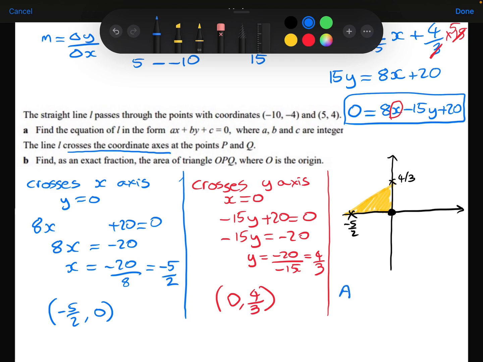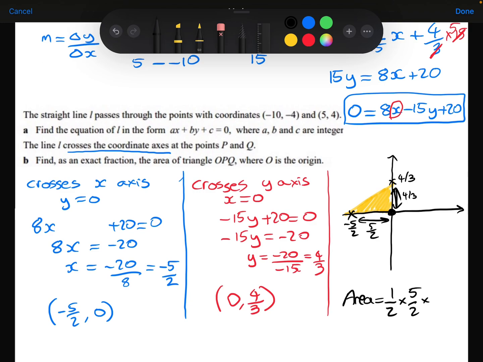So the area is going to be half base times height. Now, the base of this triangle is just going to be 5 over 2. The height of this triangle is just 4 over 3.